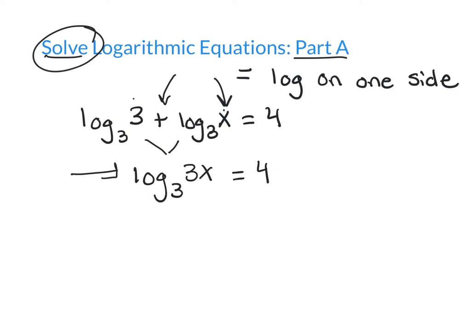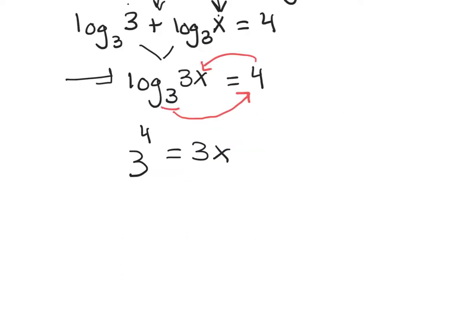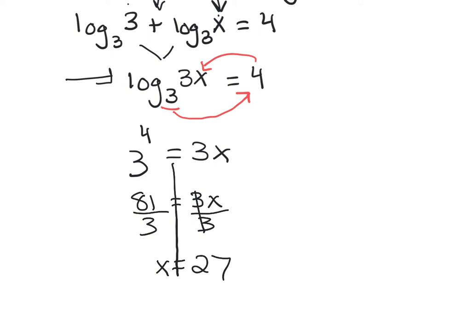So its exponential form is base b to the power of 4 equals 3x. Base 3 to the power of 4 equals 3x. And now just solve for x. Well, 3 to the 4th power is 81. 81 equals 3x. Divide by 3, divide by 3. So x equals 27.